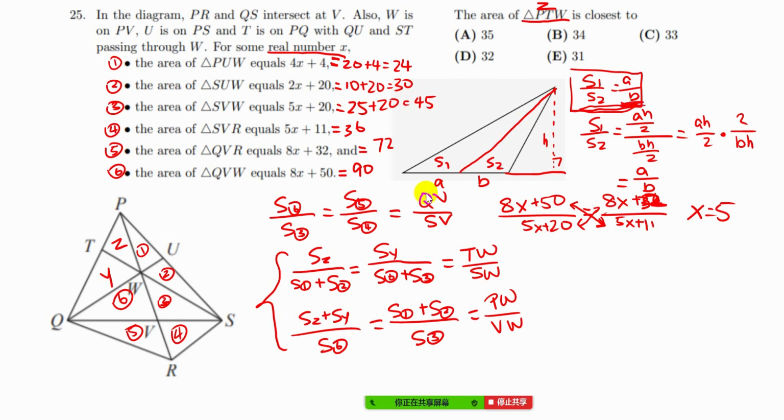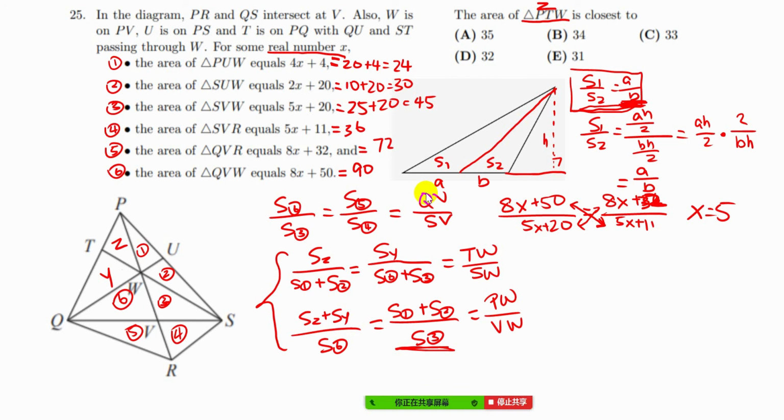For the second equation, SZ, SY, and S6 are all part of triangle PQV. S1, S2, and S3 over here are all part of triangle PVS. So they both share the side PV, which is made up of PW and VW, which are the A and the B in the equation.